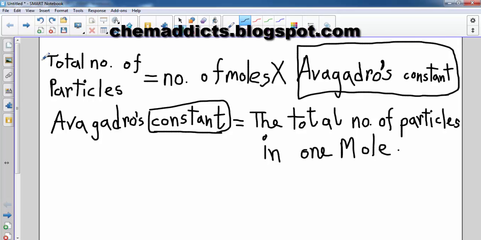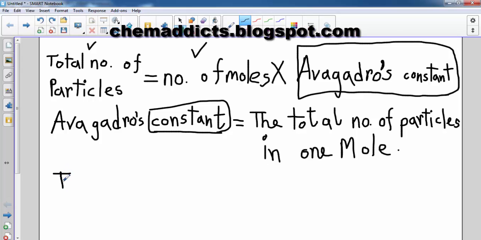Well, you can guess that this one and this one are always variable. Since this is constant, that means the other two are always variable. So how can they be variable? Let us see.